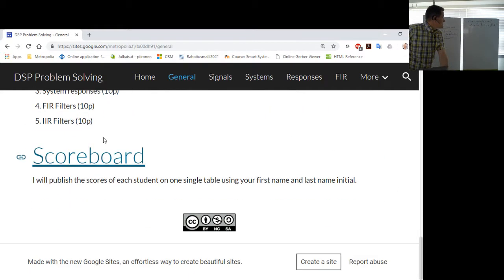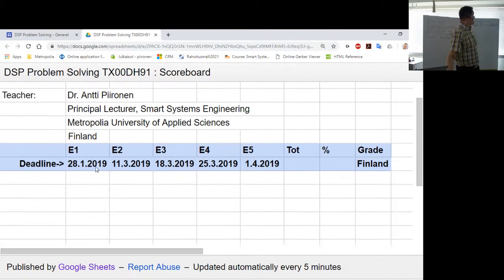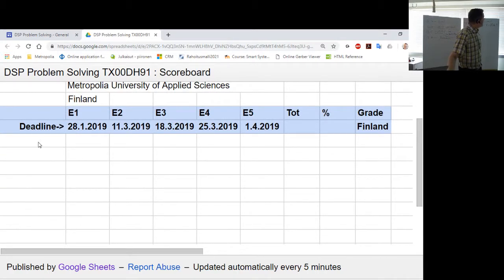Okay, exercises. Each exercise is 10 points. And then the scoreboard. Actually, the scoreboard right now looks empty. So I will be using your first name in the first column here. And then we have these 5 exercises, total points, and the percentage. And basically, I already marked the exercise deadlines.